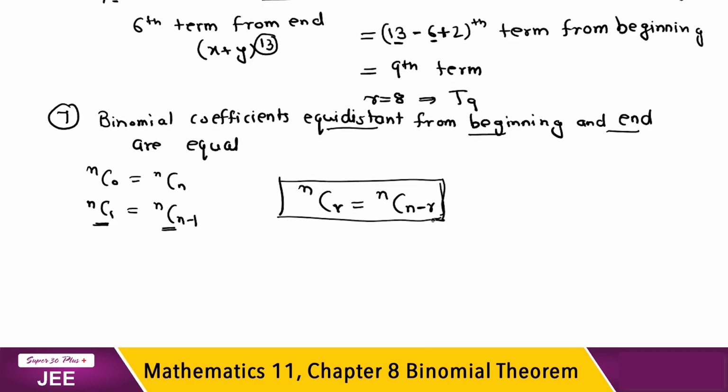PNC also says this: selecting r out of n objects is as good as rejecting n minus r out of n objects. That is why 5C2 is equal to 5C3, because selecting 2 balls out of 5 is as good as rejecting 3 balls out of 5. The number of ways is equal in both cases. So nCr is equal to nC(n minus r).